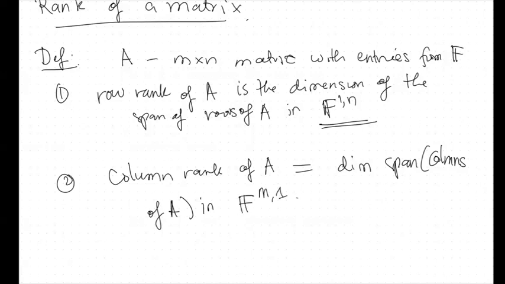So this is a matrix with one column: many rows and one column.